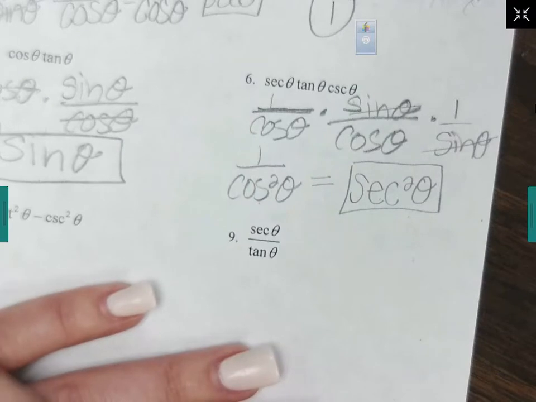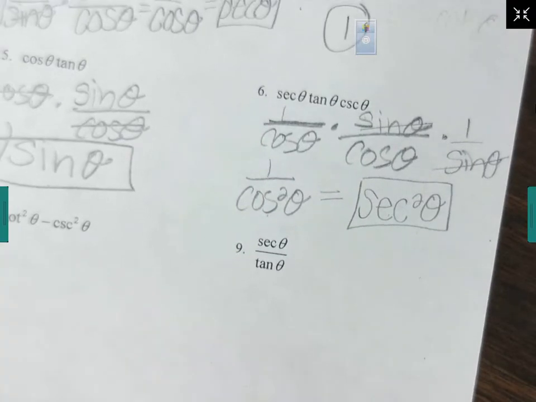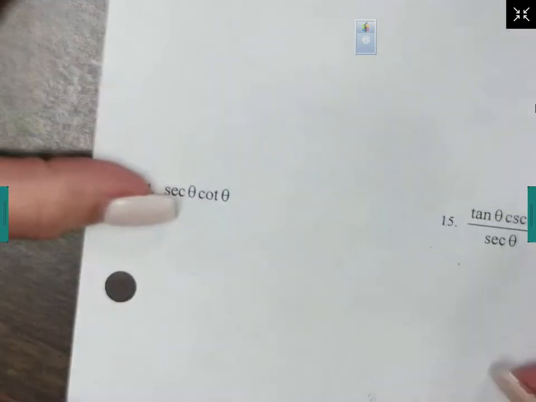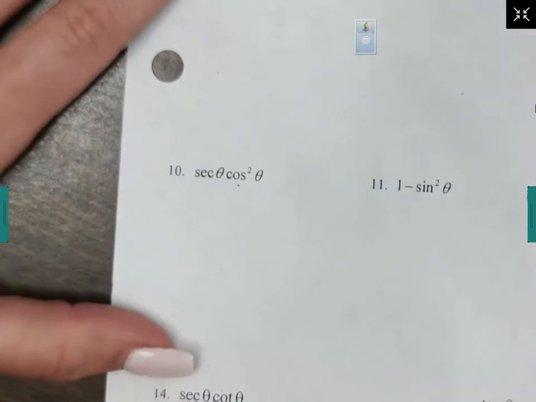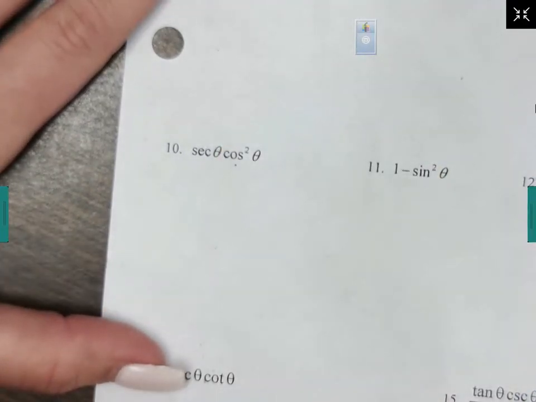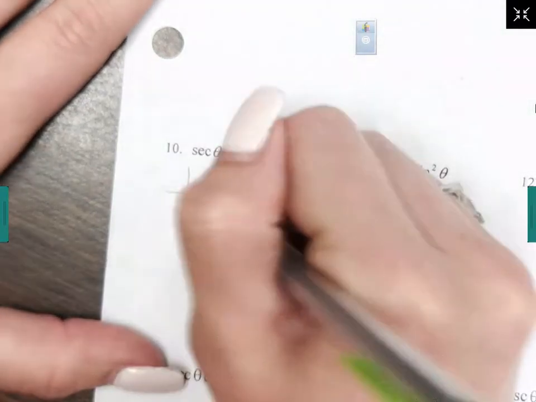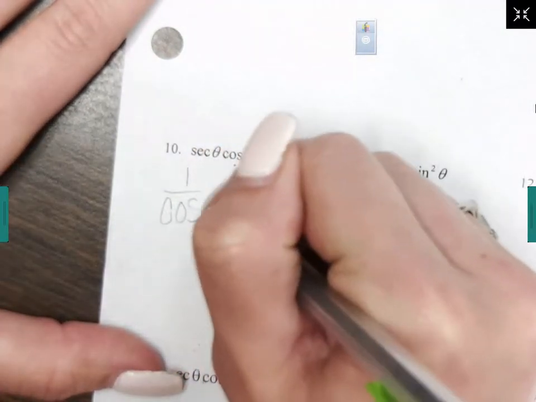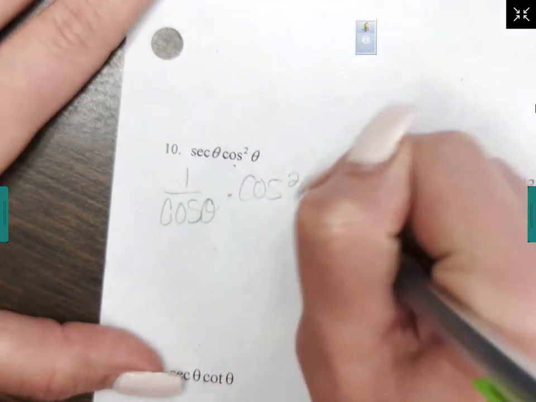Any questions here? Okay, what did you get as your answer? Number 10 is not nearly as bad as it looks, and you'll see that shortly. On number 10, how do we rewrite the secant of theta? 1 over cosine of theta, times cosine squared of theta.